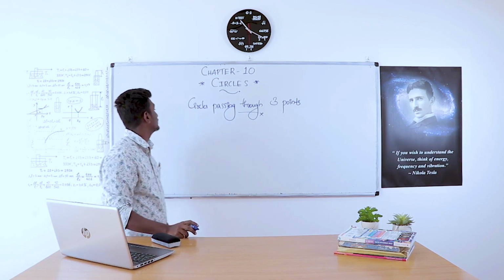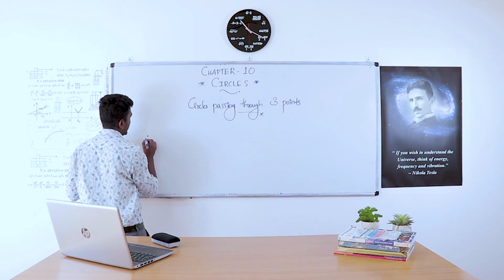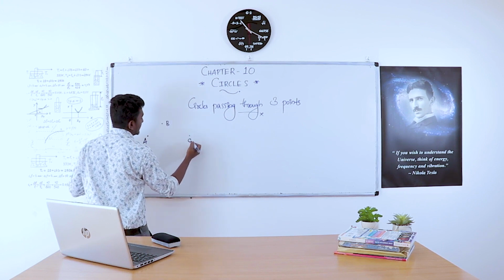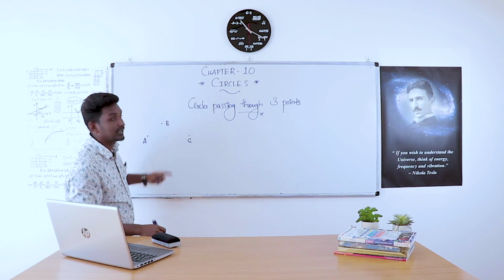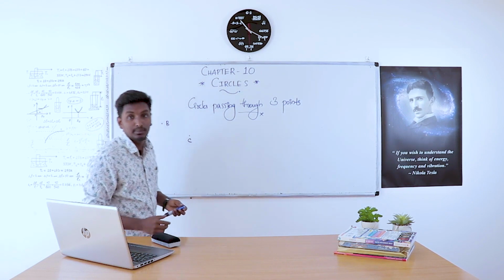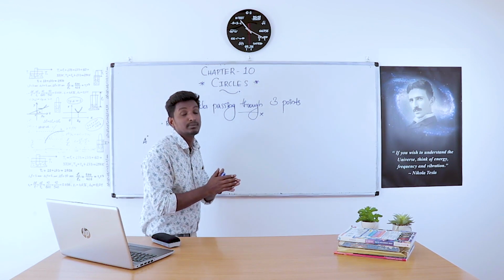Circles passing through 3 points. So, if we are given 3 points like A, B, and C, what is the peculiarity of these 3 points? These 3 points are non-collinear points. What do you mean by collinear and non-collinear points?